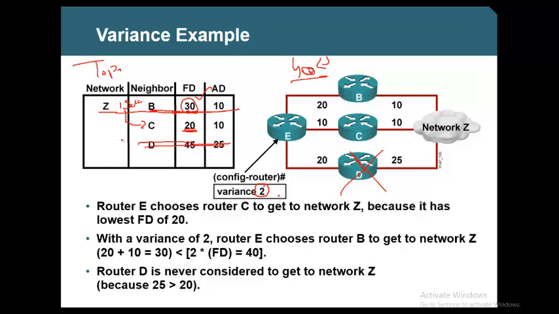Usually by default, the successor will be there in the routing table. Now because we put variance, the feasible successor is available in the routing table. Now, this number that you decide to use is based on the FD value of the alternate path.